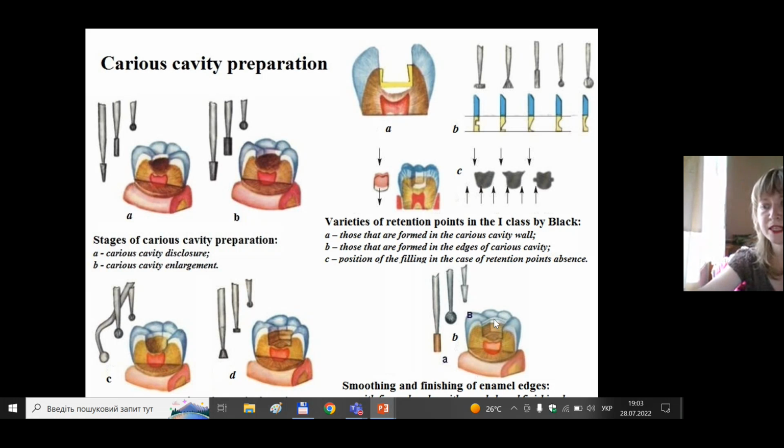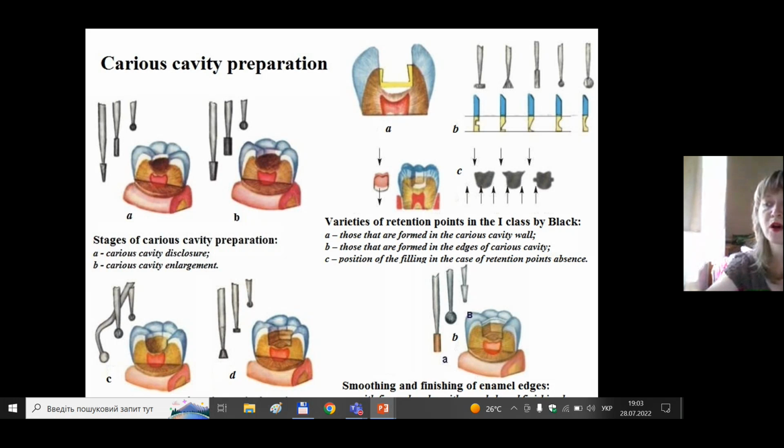And the final stage of caries cavity preparation is smoothing and finishing of enamel edges. Here burrs should be used for polishing with the finest diamond grit or with very small cutting blades, such burrs that will not destroy enamel too much.